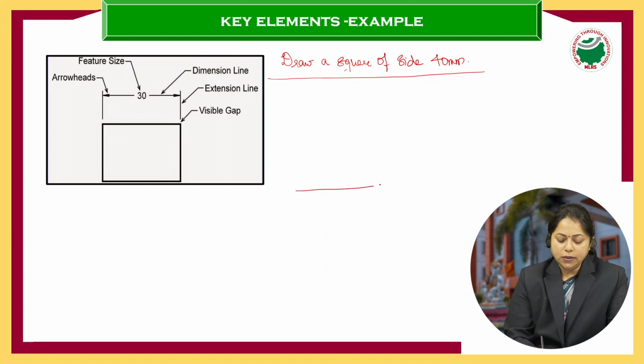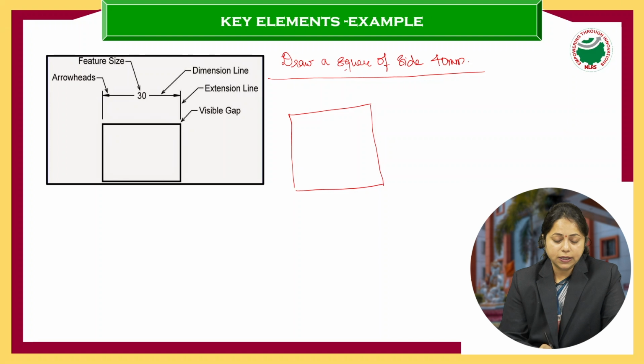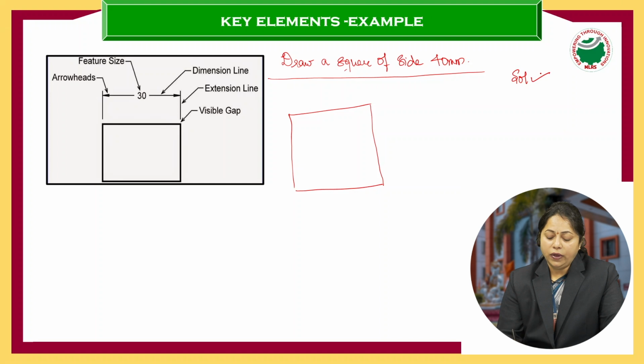Using some instruments, maybe a drafter, or pencils and a scale, or using the software AutoCAD, let us say we have drawn a square. So the solution is obtained, right? Then after the drawing is completed, the very next step is lettering. What was lettering? Giving a name to a drawing is called lettering.